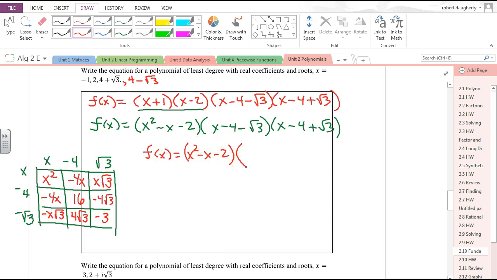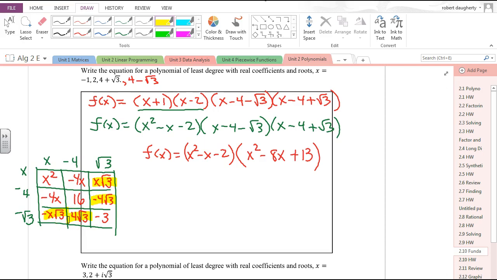What do I get from here? X squared, how many x's? Minus 8x and plus 13. Because what happens is that cancels with this. If you're doing this right, all of your square roots, all of your complex numbers go away.